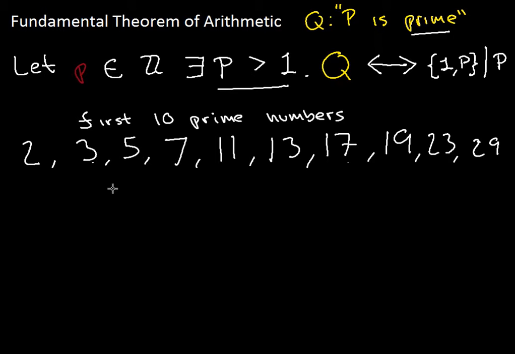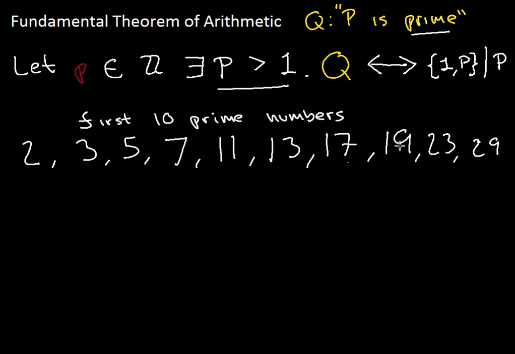But what this says is exactly what we did to figure out what these numbers are. We counted up and we said the number is either prime, which is what we're looking for, or it can be made up of one of these. Remember, we got to 6 and we said 6 is made up of 2 and 3, and then we got to 27 and we said 27 is made up of 3 times 9.